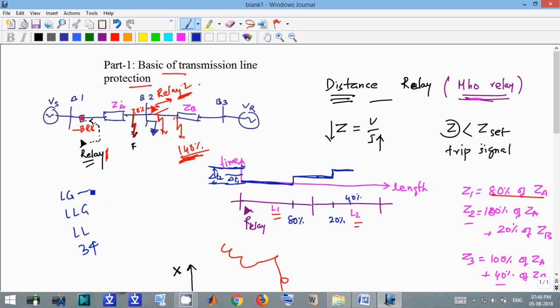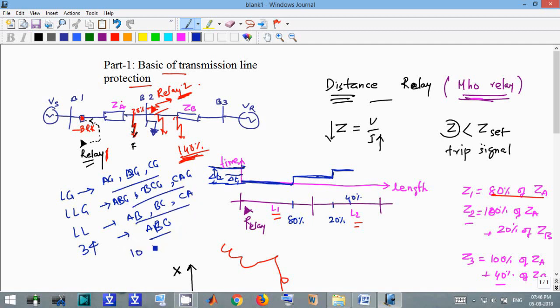If we say phase A, phase B, phase C, there will be AG, BG, and CG faults; in this case ABG, BCG, CAG faults; in this case AB, BC, CA faults; and in this case ABC fault. So 3 plus 3 plus 3 plus 1 equals 10 types of fault we can observe.